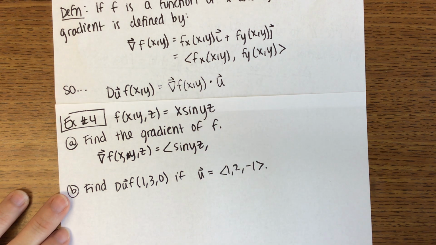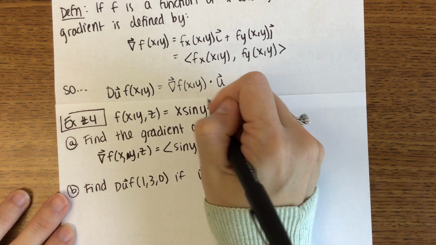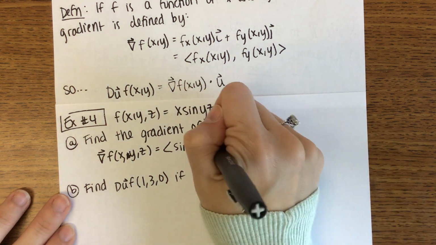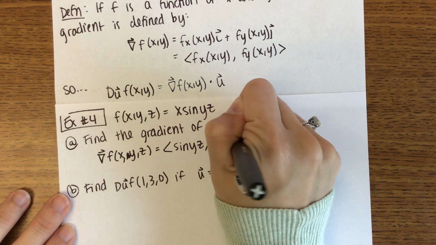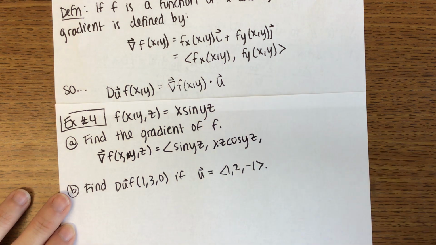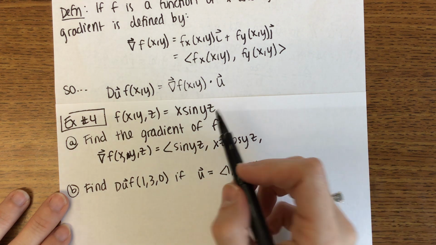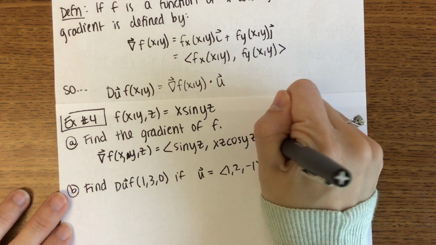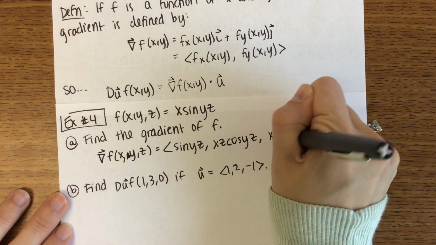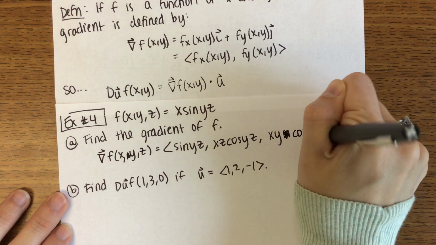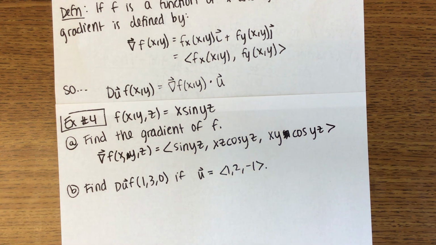Partial with respect to y, you'll have to multiply the z out because of the chain rule. So we get xz cosine of yz. And then the partial with respect to z, multiply the y out from the chain rule, so we'll have xy cosine of yz. So that's the gradient.